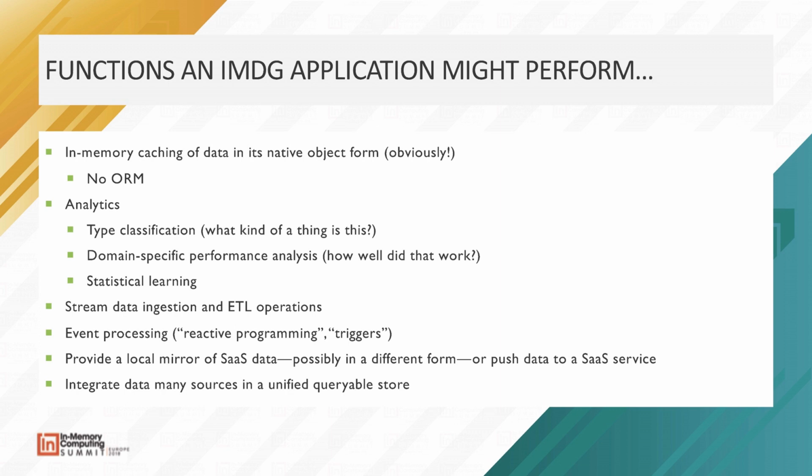As time moved on, we started to add other functionality, right? And GridGain added SQL processing, right? And people started to do analytics like type classification, which is, something arrives in your grid, it's an object, well, what kind of thing is it exactly, right?